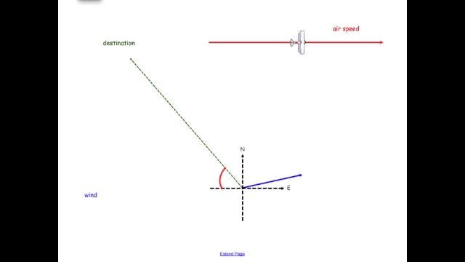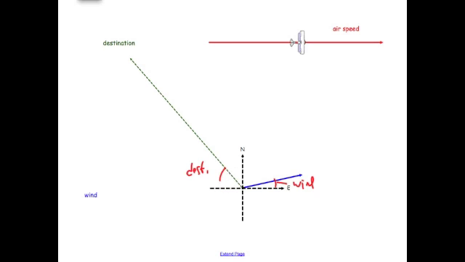Now we have two sides of our triangle. Notice we know this angle right here. This is given, this would be the destination, and this is given, this is the wind. Because this is 180 degrees right here, notice we'll know one of the angles inside the triangle.